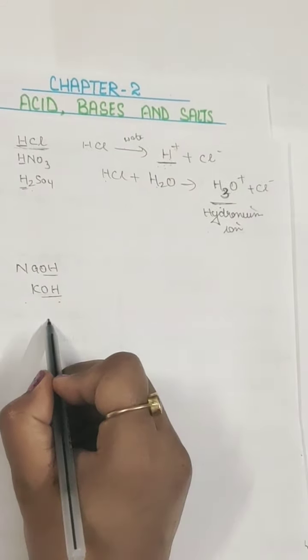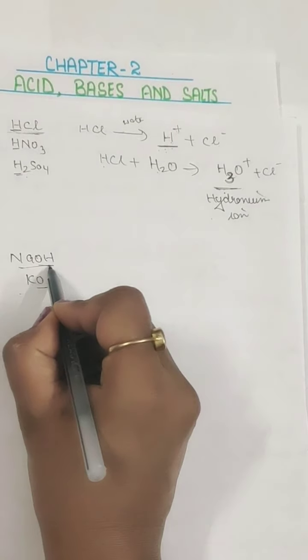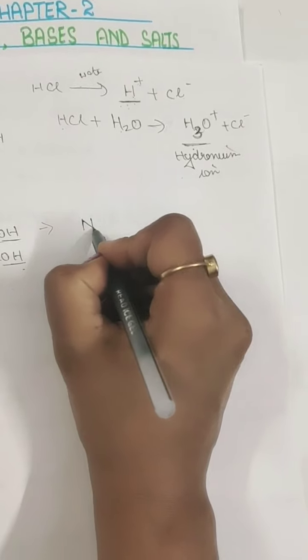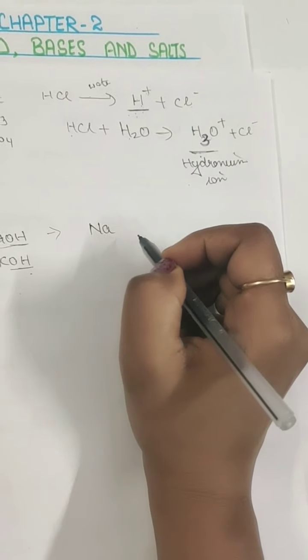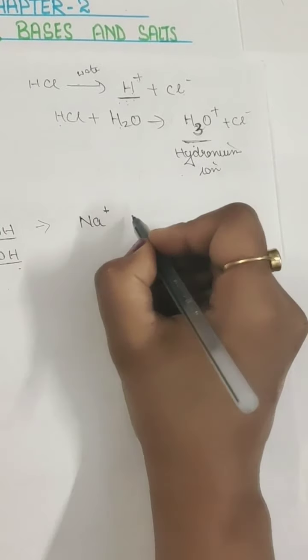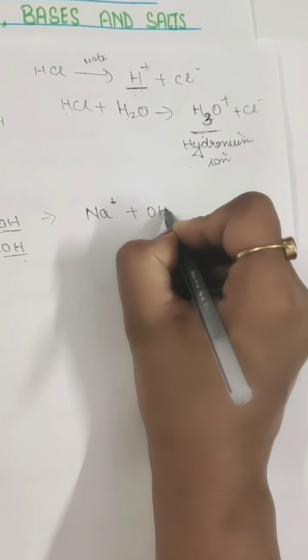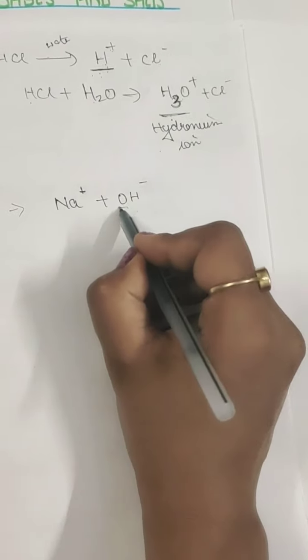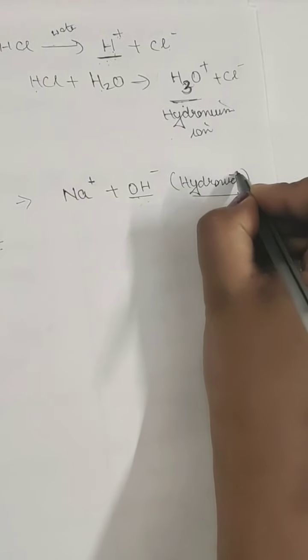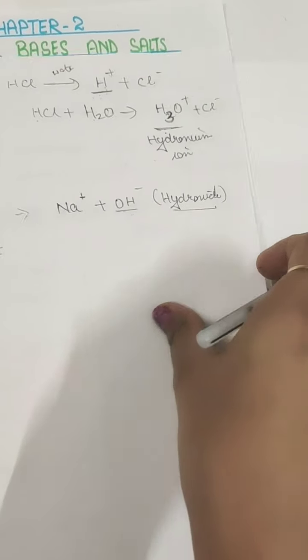Coming towards bases, these are the bases. When we dissolve them in water, they form hydroxide. That means it will form Na plus and then hydroxide ion will be released. So here it was plus, but here it is negative. That means hydroxide ion has a negative charge in it.